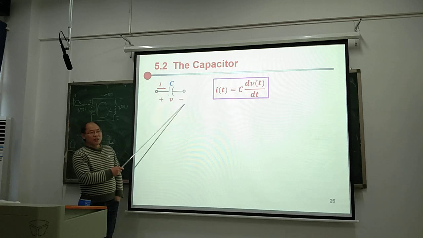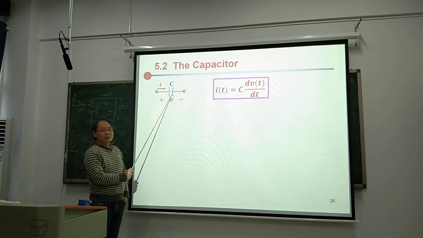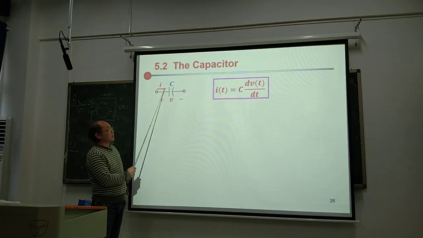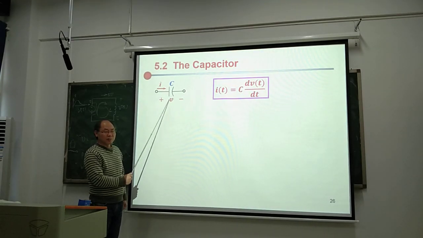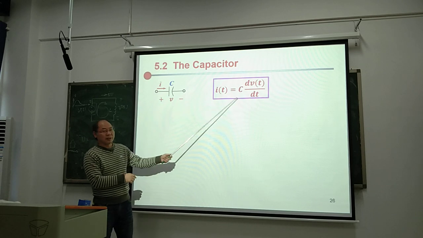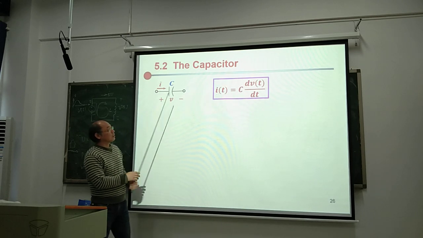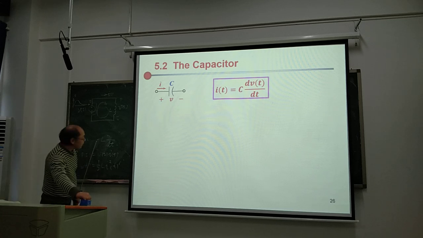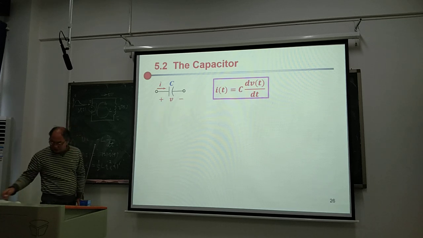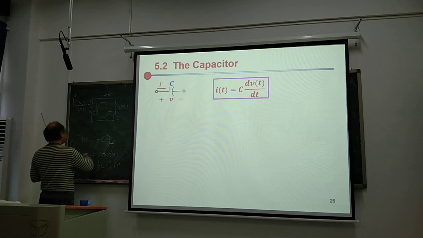So this is the relationship of the current carried and the voltage across the terminals. It's this way, and this is similar to the inductor.